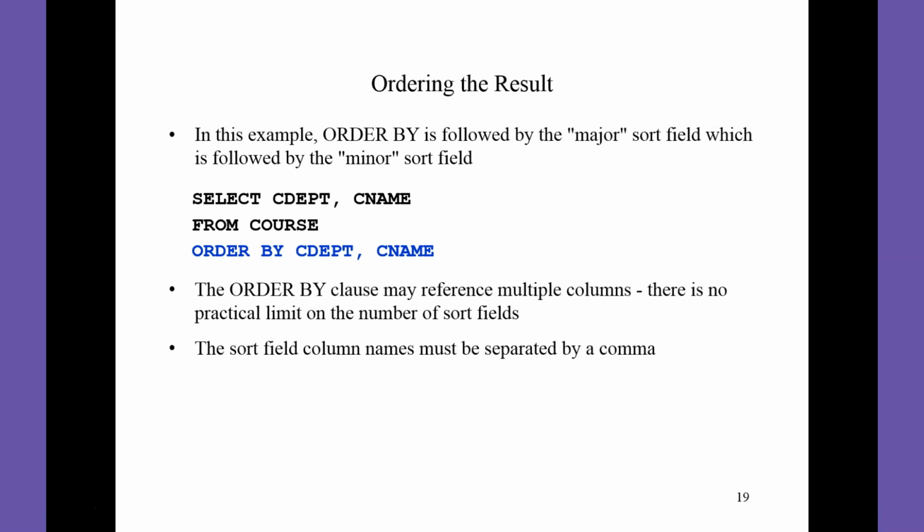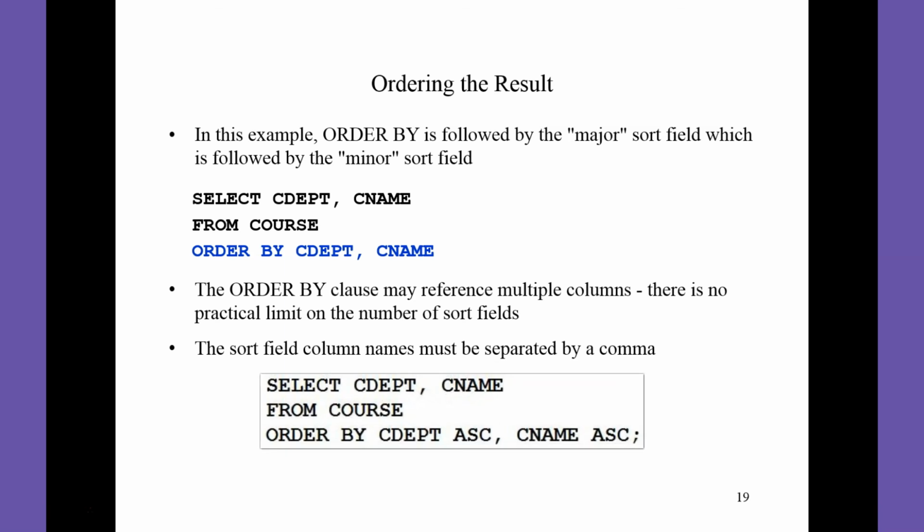So the sort field column names are separated by a comma, the same way we would list the columns in the select list for the columns that we want to appear in our result table. We list the columns to be used for the ORDER BY clause, comma separated, and optionally include the ascending or descending keywords.